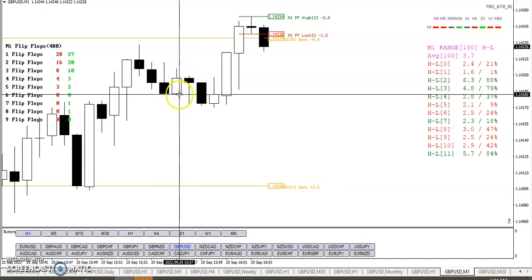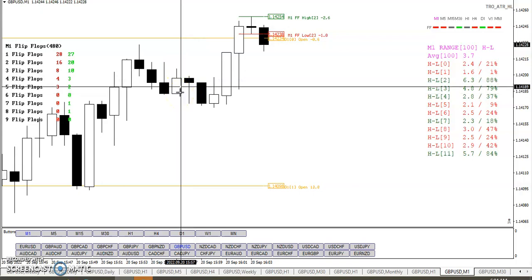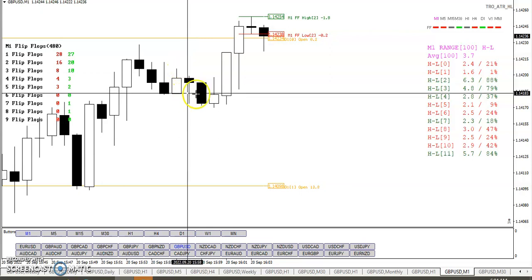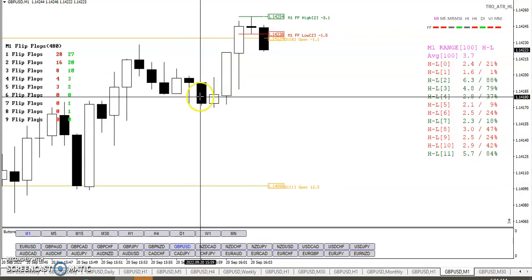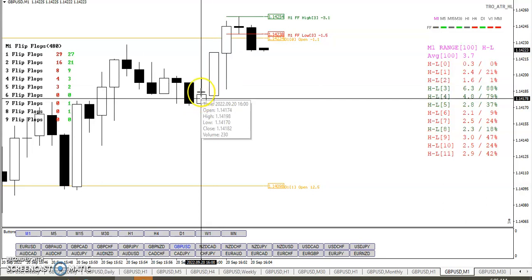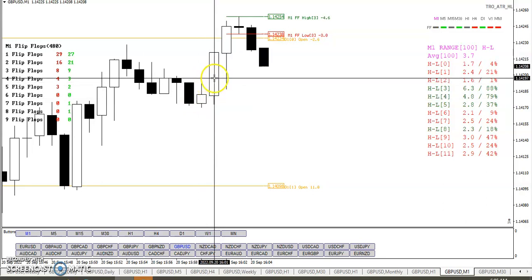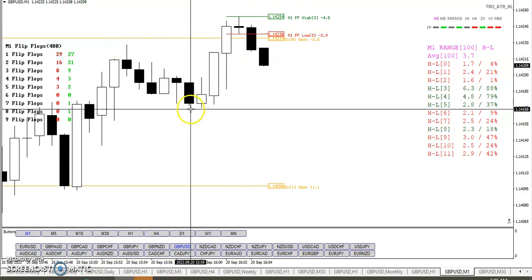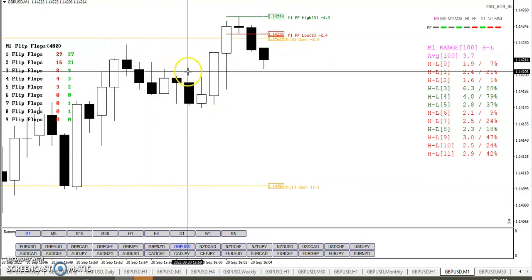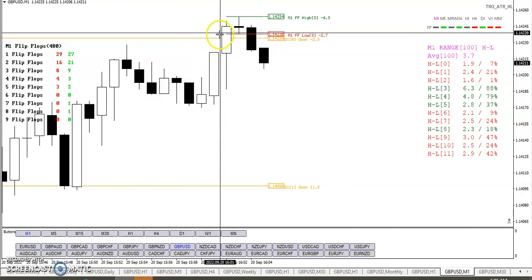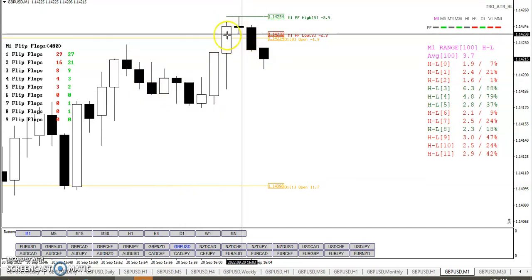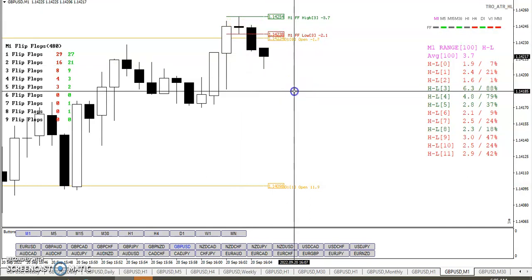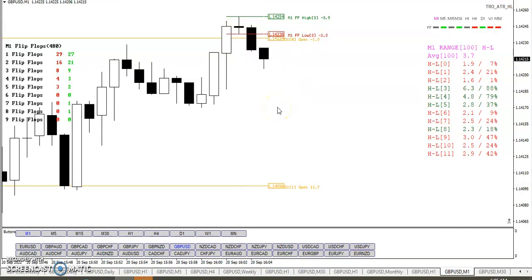So right here, this candle high low, and you can see here it broke out of that. But then we had another flip flop, the flip to flop, and then you see here we had a breakout. So we had some ranging in here, and then it broke out. And then right here, we had a flip, and then price broke out of that flip-flop box.